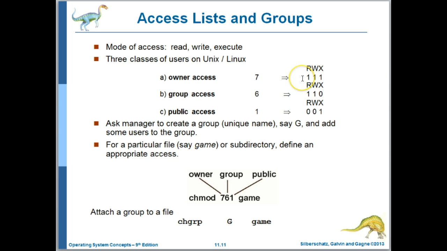Notice that octal 7 is binary 111. The group of the file, here the permission is 6, which in octal, converting it to binary, is 110, and then public, or I tend to call this world, which has permission 1, which is just the execute permission.